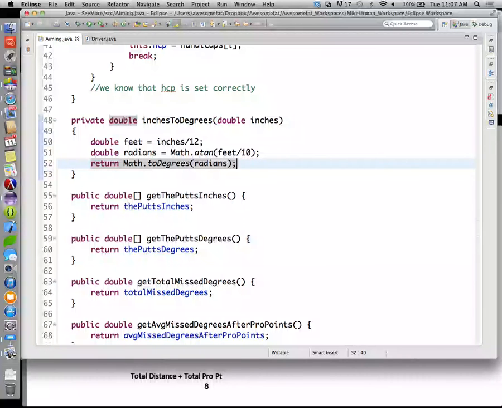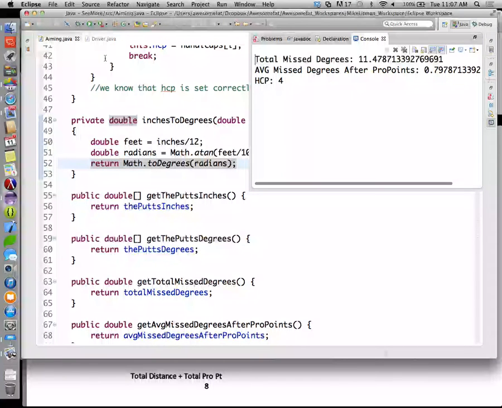I want to say we probably took some things that were 0.5 and set them to 0. Yeah. So total missed degrees is 11.4. Average missed degrees is 0.79. Handicap was 4. So that rounding did not work the way we wanted it to work.